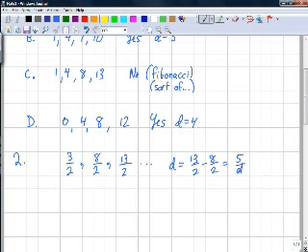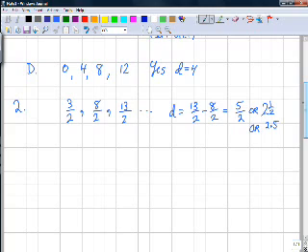Question 2. What's the common difference of this? They're trying to intimidate you by putting fractions in there? Good. I'm glad it doesn't intimidate you. Anytime, no matter what the items look like, you can get the common difference by doing a subtraction from one term to the term just left of it.